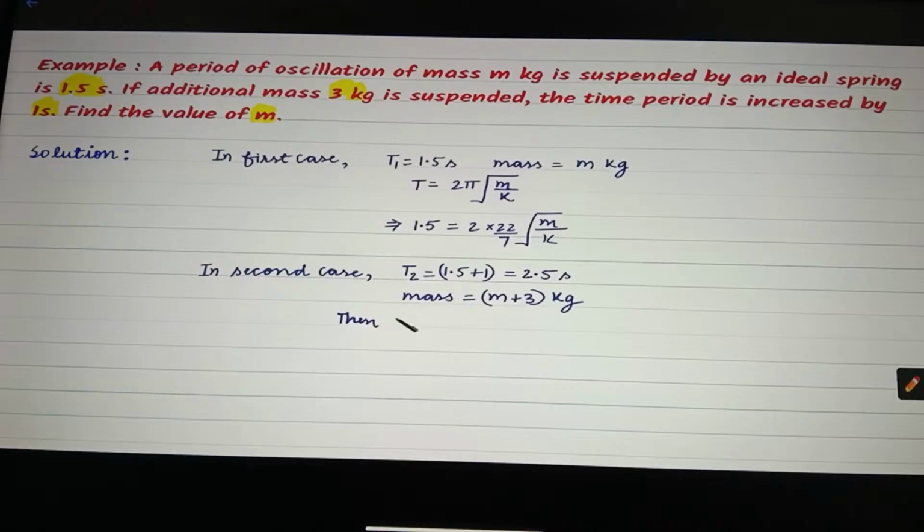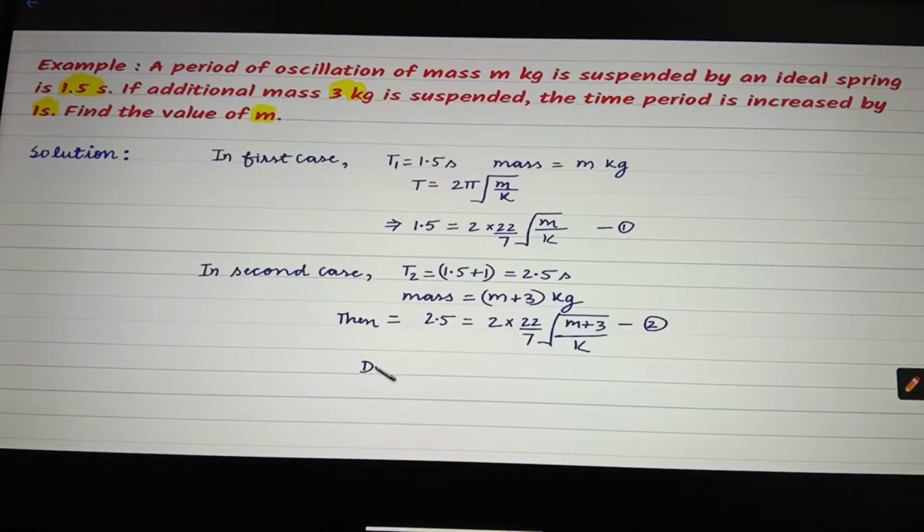Then, using the same formula, we will have 2.5 is equal to 2 multiplied by pi, which is 22 by 7, times the square root of m plus 3 by k. We can call this first, and this second.